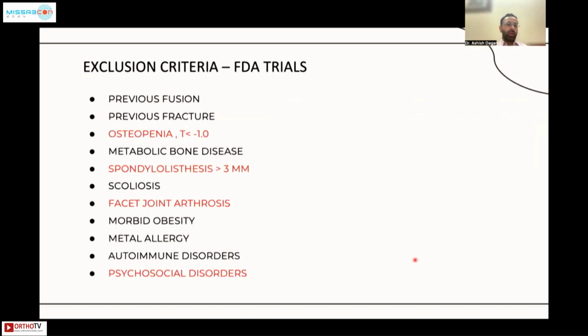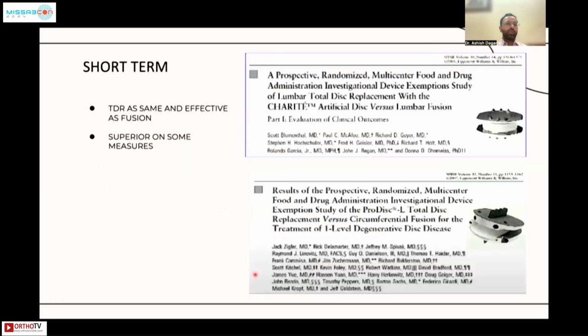The exclusion criteria of the FDA trials included previous fusion surgery, any previous fracture at the level of interest, osteopenia with a T-score of less than minus 1.0, metabolic bone disease, spondylolisthesis of 3 or more mm, scoliosis of 11 degrees or more, facet joint arthrosis, morbid obesity, allergy to the metal, autoimmune disorder, and a very important thing, psychological disorders causing back pain. These were the exclusion criteria and they still stand, except the facet joint.